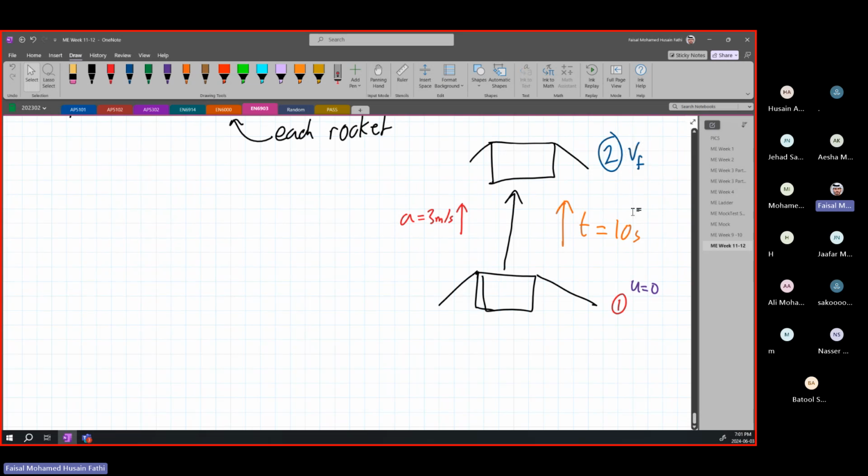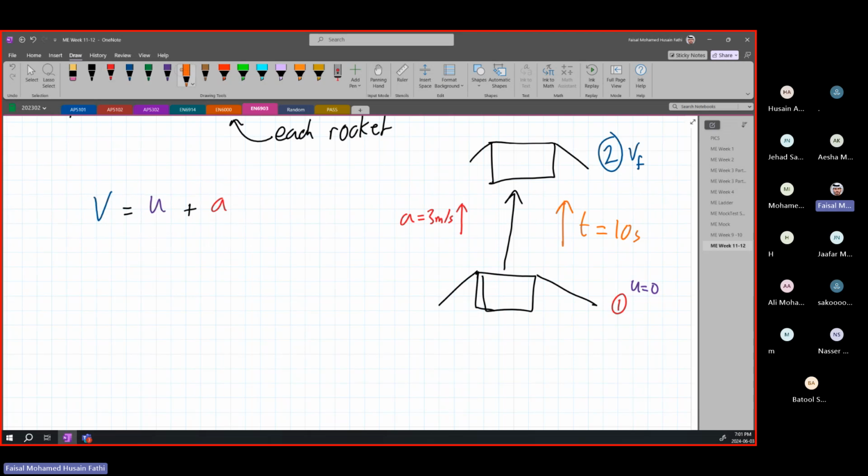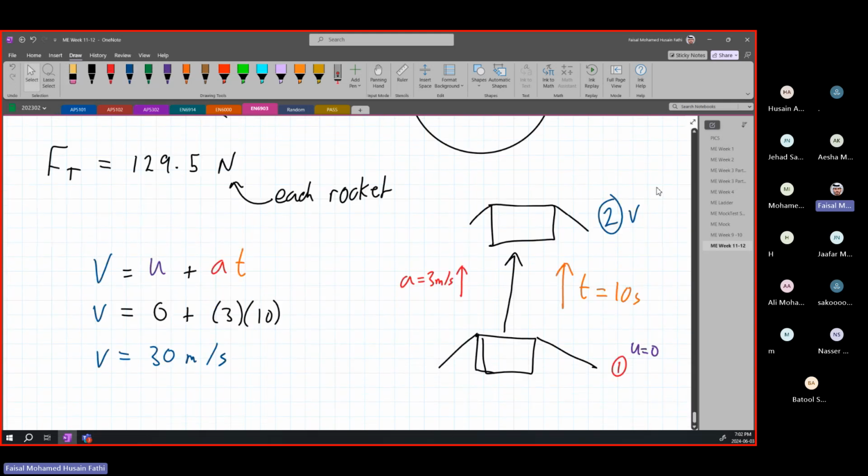We need to find our V final, so you can apply V is equal to U plus A times T. This is to find your velocity. So V is equal to our U, which is 0, plus 3 times 10, which is 30 meters per second. So we have found our final velocity.